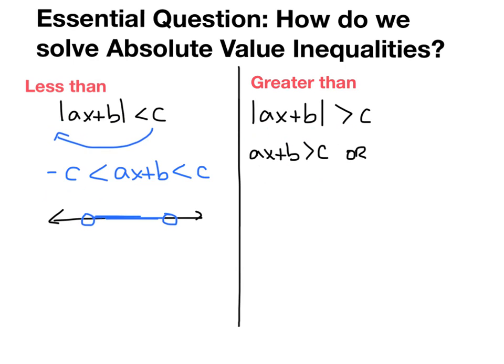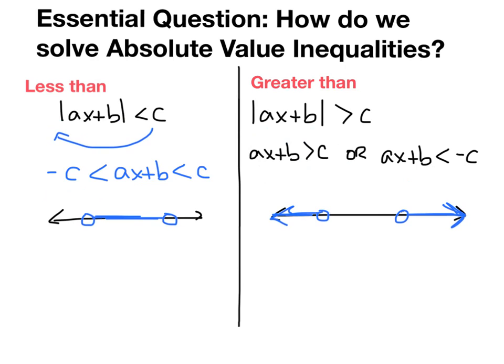But because it's absolute value, it could be ax plus b is less than negative c. So whenever we have a greater than, we end up with an OR situation where our absolute value is going to face in two different directions, and whenever we change it, we also change our c. Since this is an OR situation, our graph would look something like this.